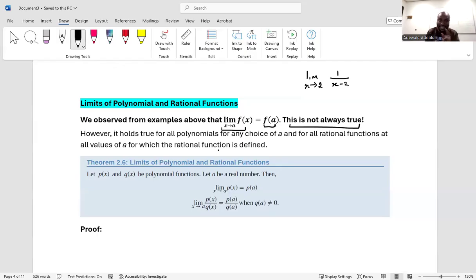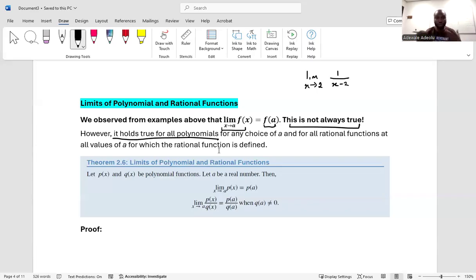However, that's our observation, that it seems like we are just throwing in the value of a. The good news is that it holds true for all polynomials. We know polynomials are our friend, right? They behave fine. So we can see again here, it holds true for all polynomials.